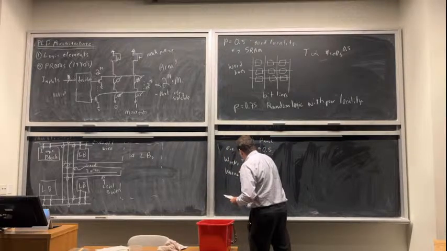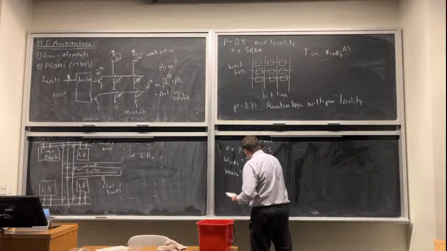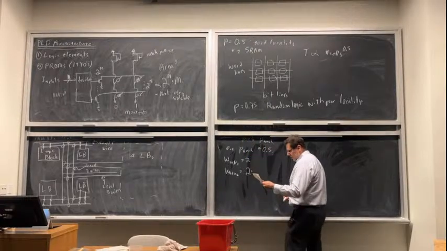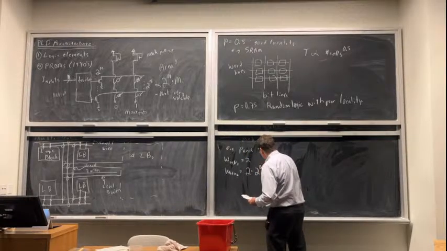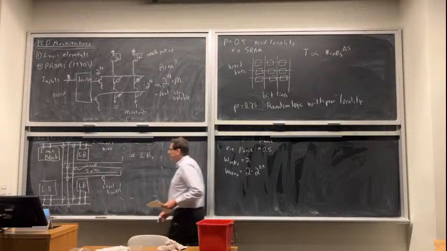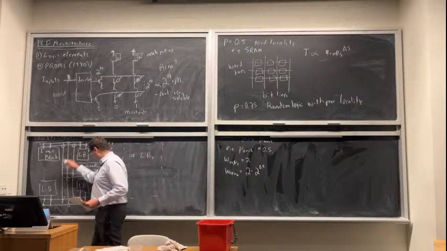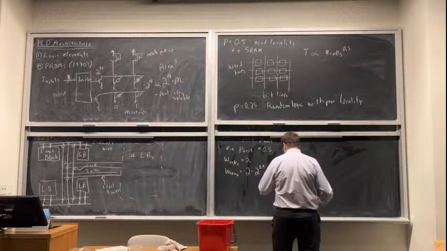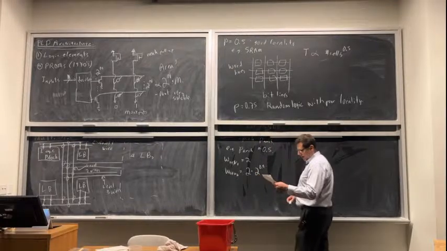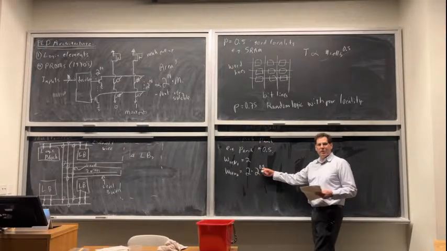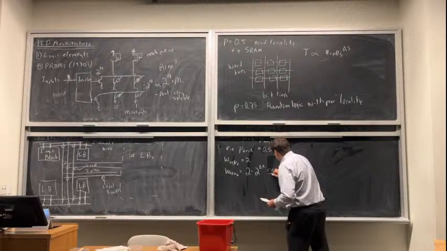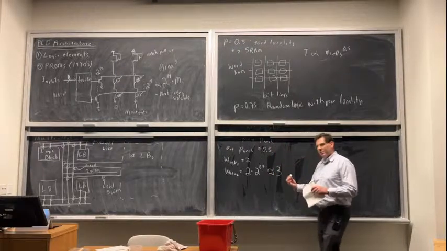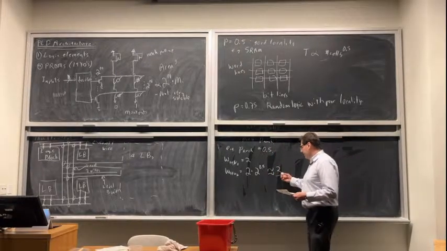So W at level 2: I have 2 wires, but I have twice as much logic now. At level 2, I don't have 2 logic blocks anymore, I have 4 logic blocks I'm connecting. I've doubled the amount of stuff, but my rent exponent is 0.5, so the number of wires that I need is 3. Does that make sense?